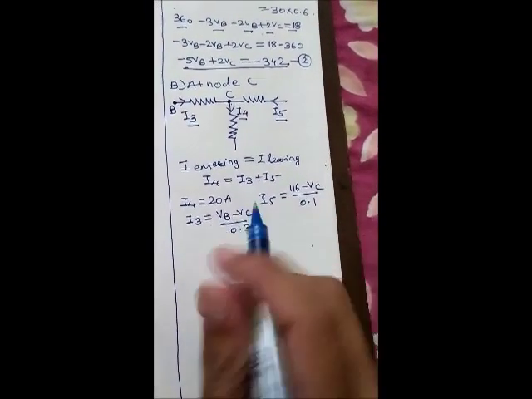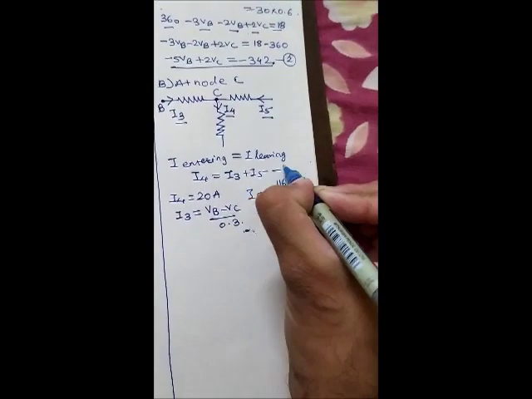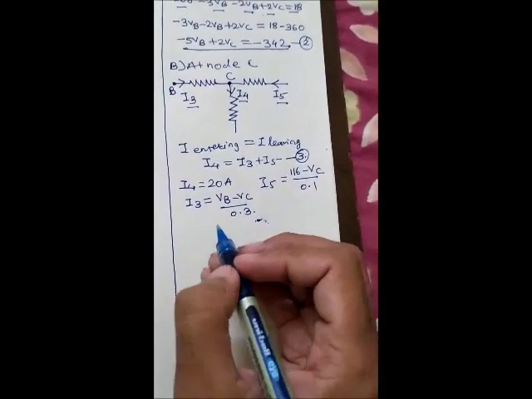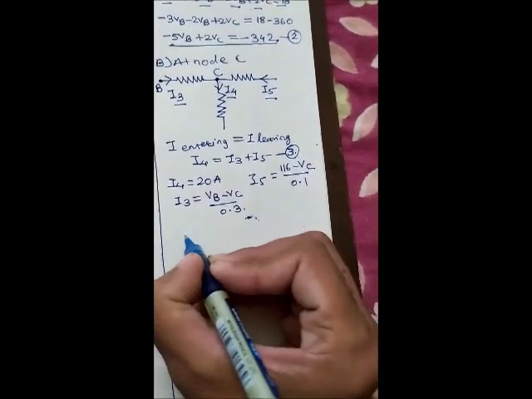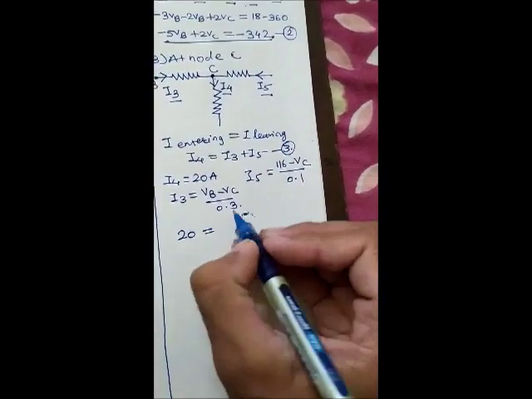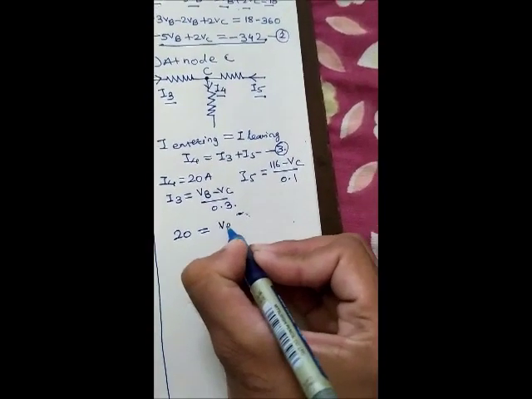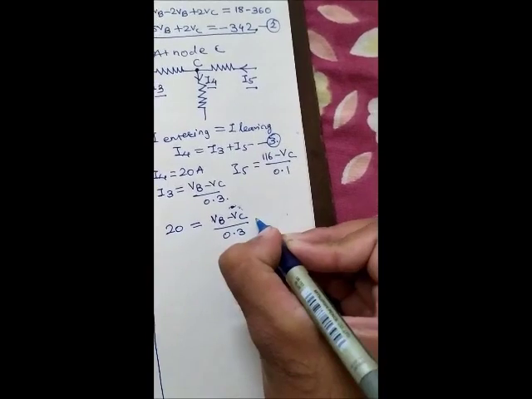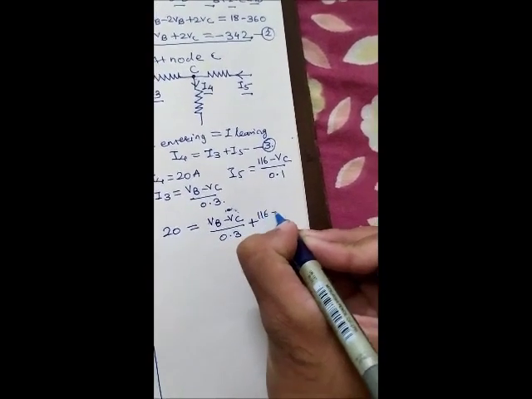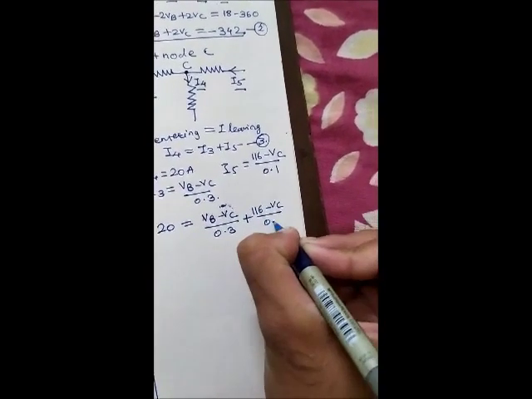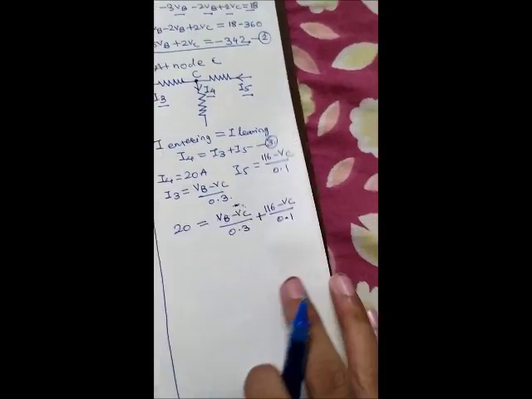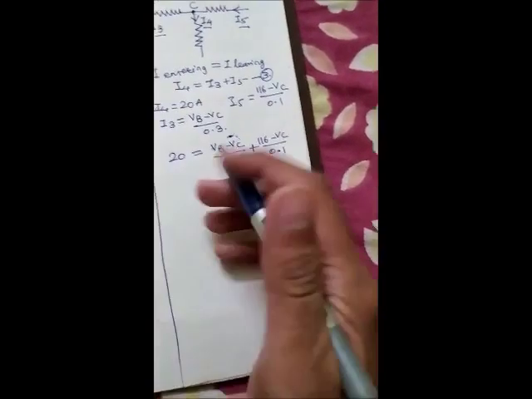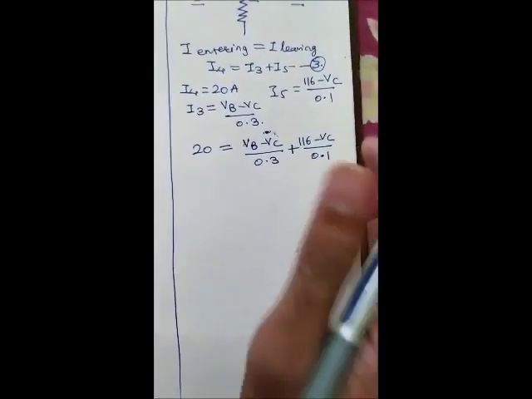This is the value of I5. Put this in equation number 3. So your equation becomes 20 is equal to (VB minus VC) divided by 0.3 plus (116 minus VC) divided by 0.1.